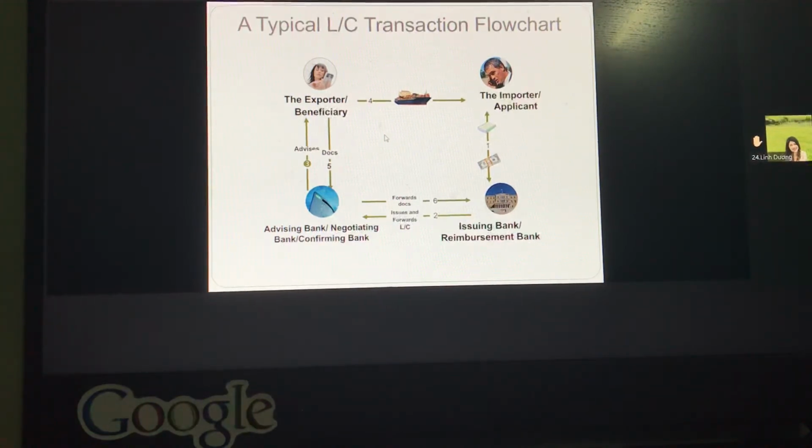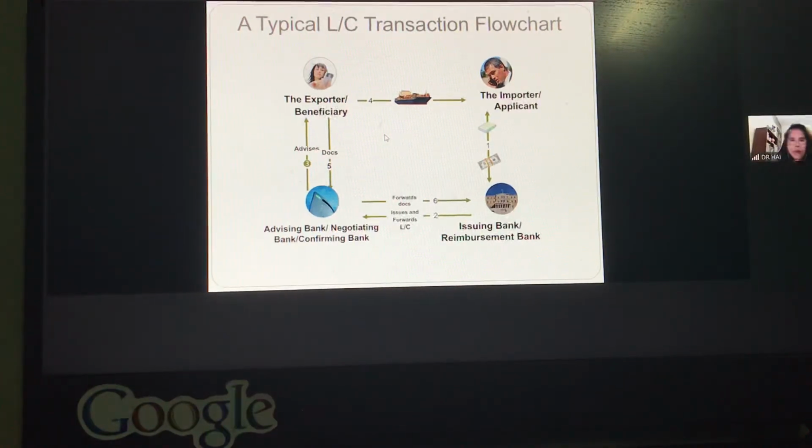A common reason for failing to meet conditions is late shipment, or there could be some mathematical errors, some differences between the documents and the LC, including a spelling mistake or errors of punctuation, and it could be an incorrect description of goods.